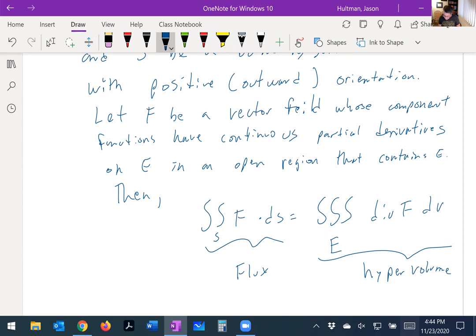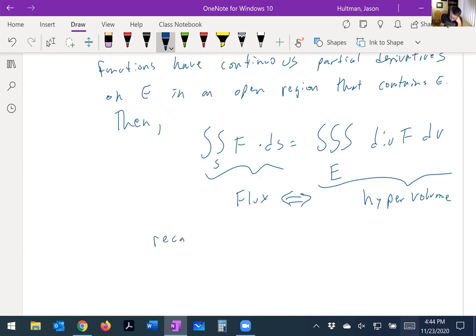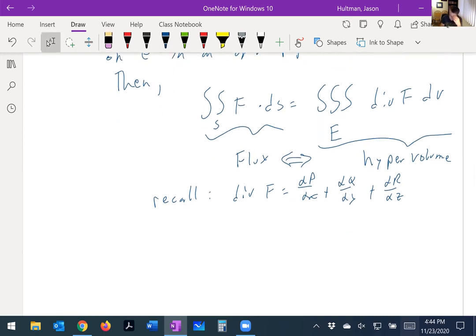So we're taking flux, and we can go to the hypervolume or vice versa. Recall that the divergence of F is equal to dP/dx plus dQ/dy plus dR/dz. That's divergence. Number one.